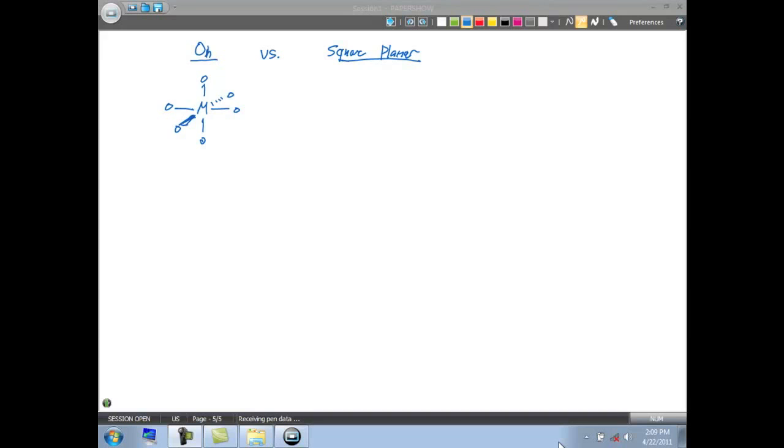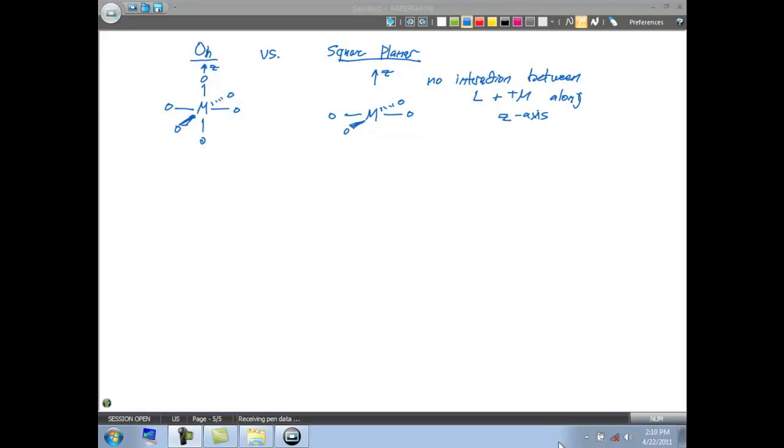Our square planar complex is only surrounded by 4 ligands, and they're essentially the same shape, but along the z-axis, which is straight up and down right here, there's no interaction between the ligand and the transition metal along the z-axis.